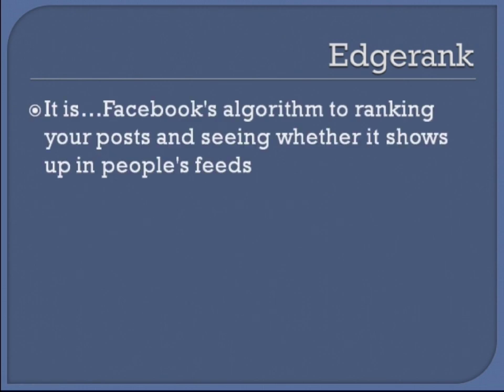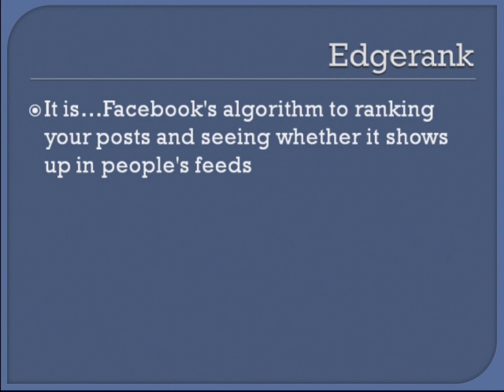EdgeRank, like I said, is the algorithm for ranking your posts and determining whether they show up in people's feeds. It's sort of similar to Google's algorithm in terms of ranking search engine websites and things like that.